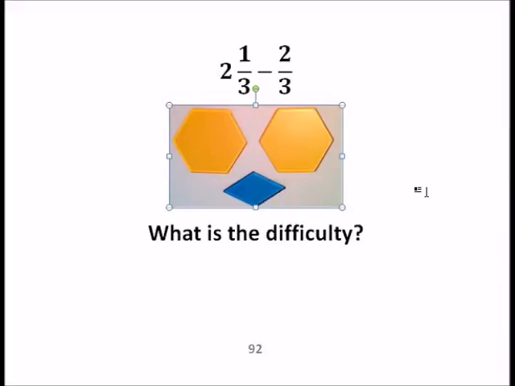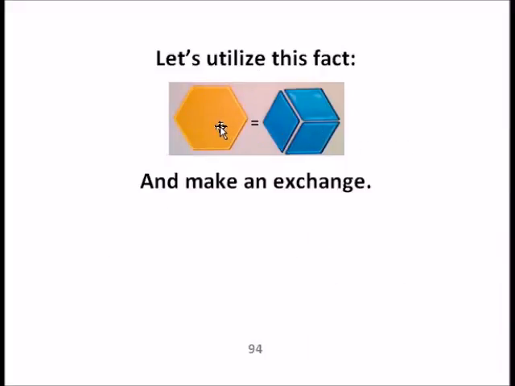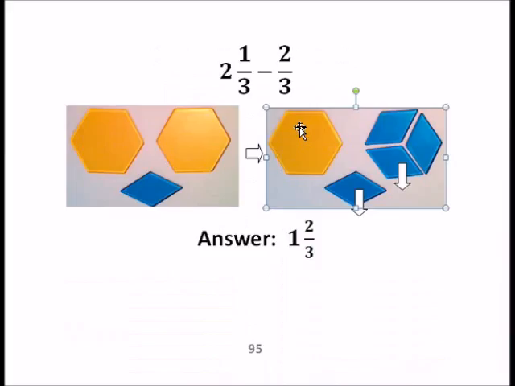So what can we do? You could see what suggestions students may have. So one approach is to realize that we can replace the yellow block by 3 blue blocks. So this is 2 1/3, and this is 2 1/3, but now we can take away 2/3, and we have the answer of 1 2/3.